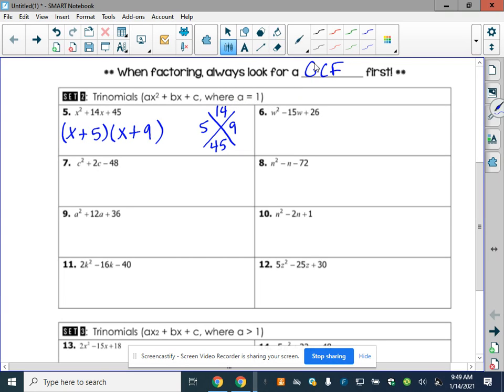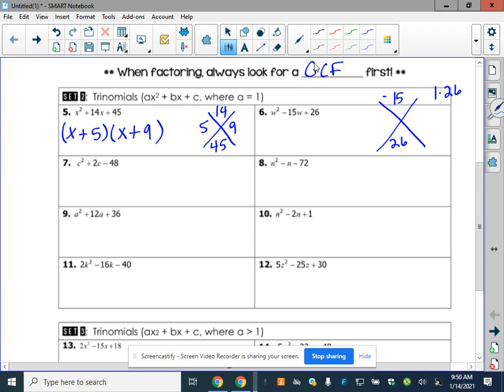Number 6, w squared minus 15w plus 26. I put the last term on the bottom, middle term on the top. I'm looking for factors of 26 which add to negative 15. So if you think about that, that's 1 and 26.